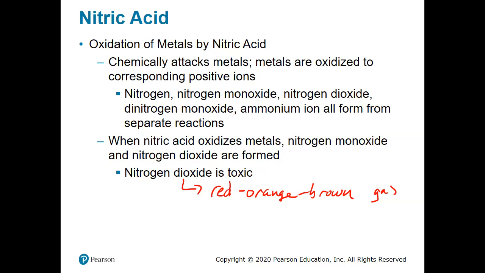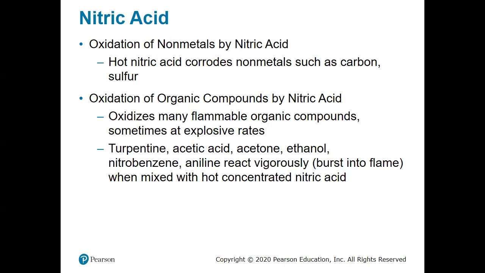And the reason smog is dangerous is because that combination of ingredients can lead to nitric acid, nitrous acid, some other acidic materials as well, which is not terribly great if you breathe it in. Nitric acid can also oxidize nonmetals. So, for example, you can corrode carbon and sulfur using nitric acid, especially hot nitric acid.